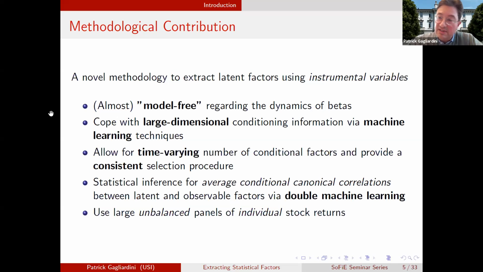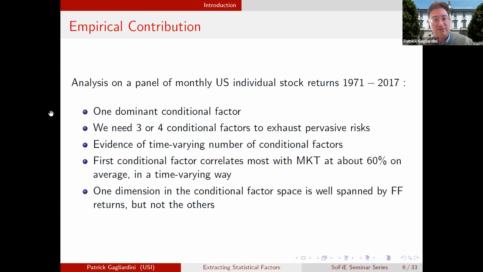Now, when we come to statistical inference, we are going to use the so-called double machine learning, which is going to allow for some asymptotic normality results and confidence interval construction for parameters which are low-dimensional features of this latent factor space, something like, for instance, the average value across time of a conditional canonical correlation. I will come back to this later.